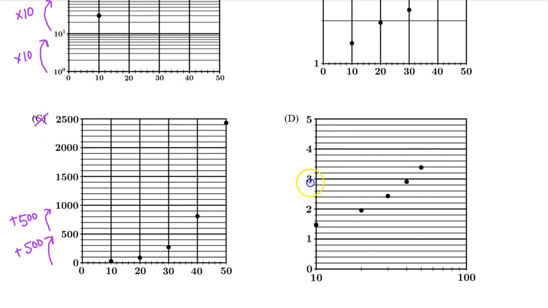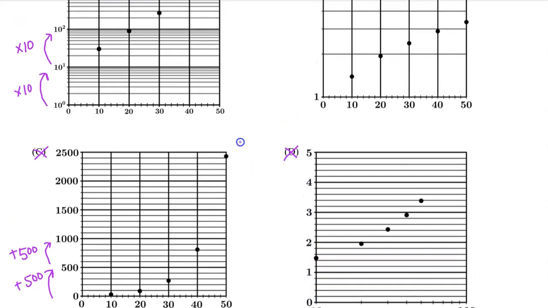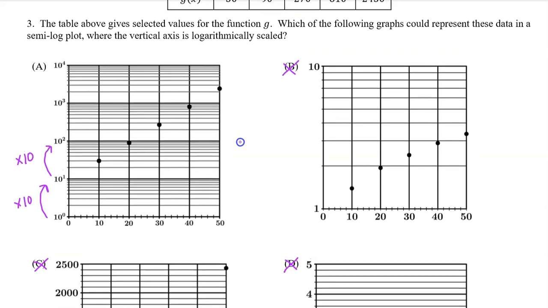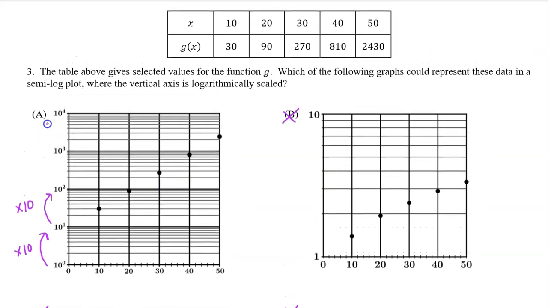Similarly, option D cannot be the answer because the numbers on the vertical axis vary additively. 1, 2, 3, 4. We're just adding 1 each time. This is not a semi-log graph. So I guess we don't have to think about it too hard. A is the only semi-log graph, so A has to be the answer.